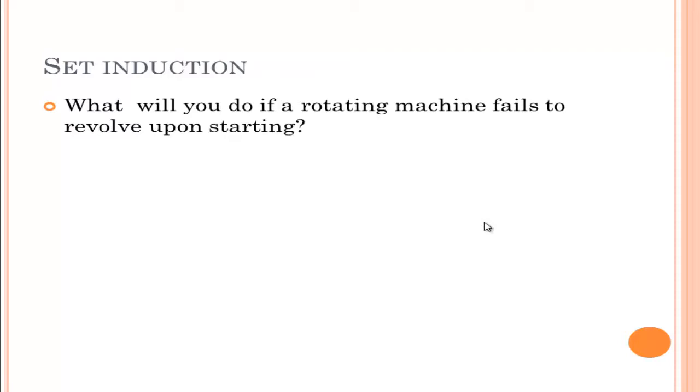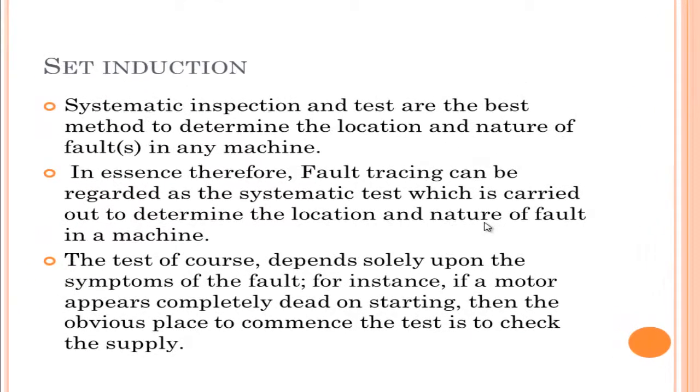Now, as you ponder over it, let us see, by way of introduction, that systematic inspection and test are the best method to determine the location and nature of faults in any machine. In essence, therefore, fault tracing can be regarded as the systematic test which is carried out to determine the location and nature of fault in a machine.